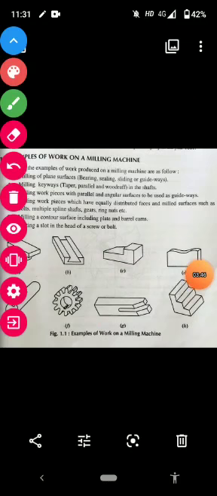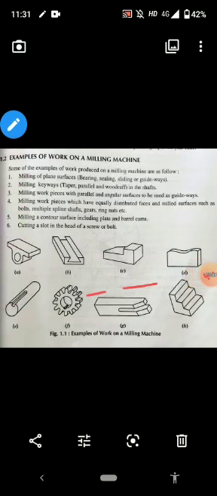Next we will discuss what type of works are produced on a milling machine. So here is the figure in front of you on your mobile screen. Firstly, we can produce the plane surfaces, which is known as milling of plane surfaces.